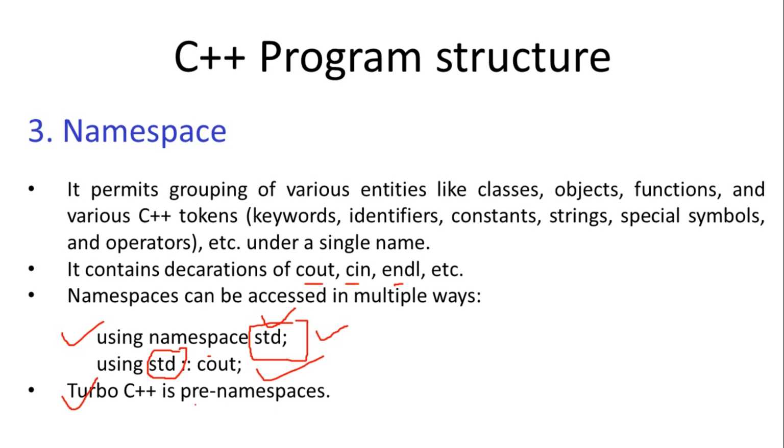Pre-namespaces means there is no need to explicitly include the namespace in your source code. You only have to include the iostream. So all the standard functions, keywords, and constants will be accessible after including the iostream, though namespaces are not included. So this is about the namespace.